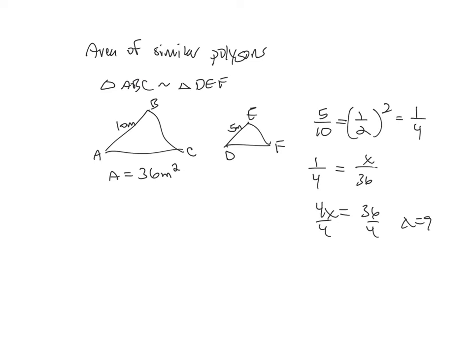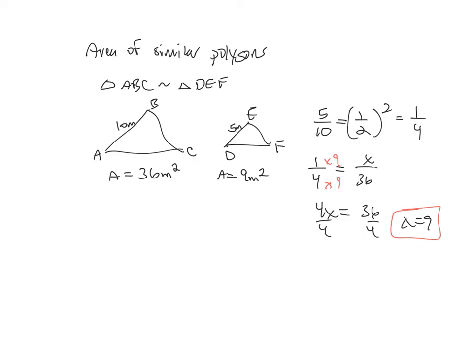And you could do that same thing: 4 times 9 is 36, so 1 times 9 is x. So the area of the smaller one would be 9 meters squared.